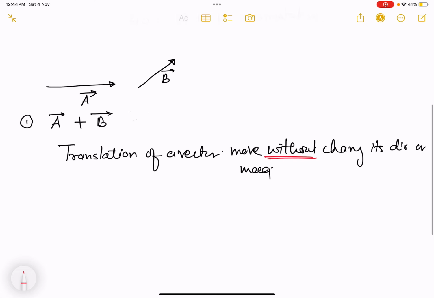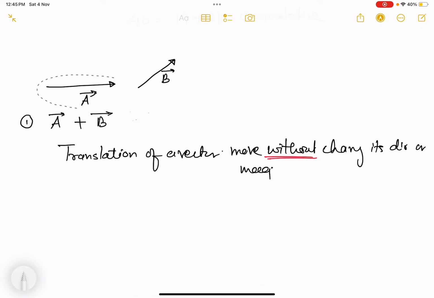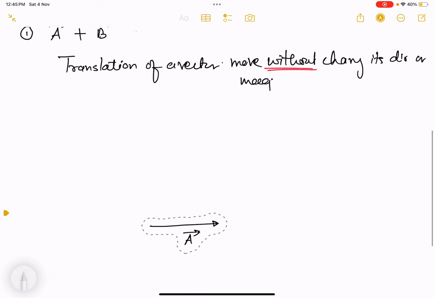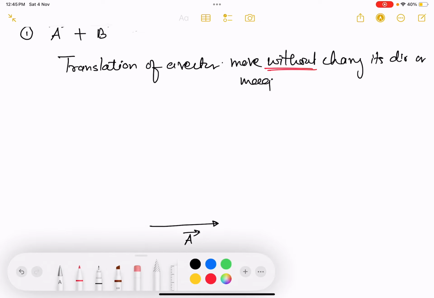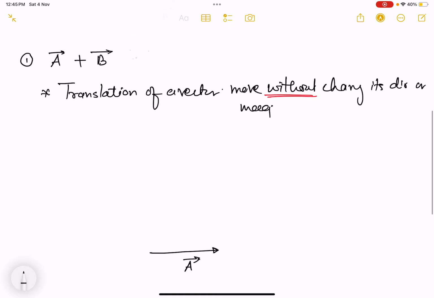So let us try to understand. Let us move A now. Can I move A? I think there is a choice here. I can select this and drag it to some position. Okay. Then the second point: when you write A plus B, I will call vector A the first vector.